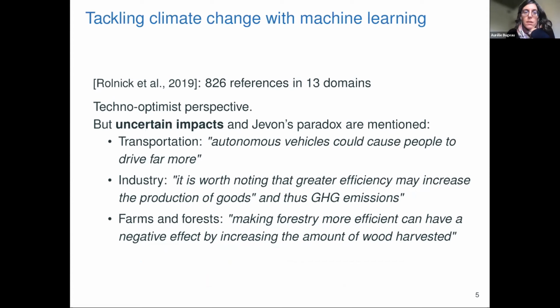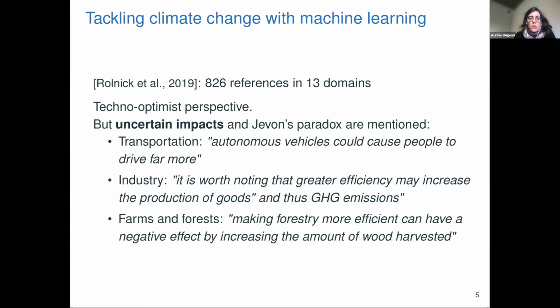For instance, as they say in this paper, regarding transportation, autonomous vehicles are said to consume less, so produce less greenhouse gases and so on. Those vehicles could cause people to drive far more. This is a very well-known rebound effect regarding transportation.